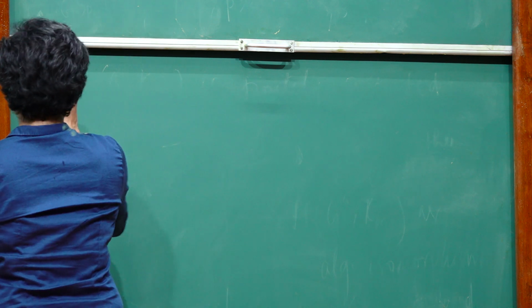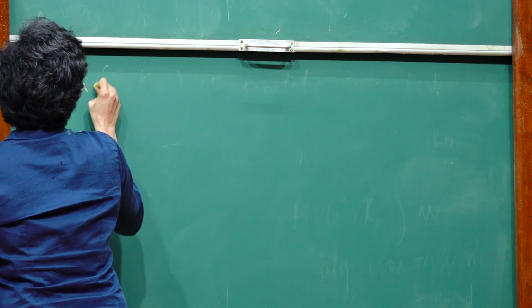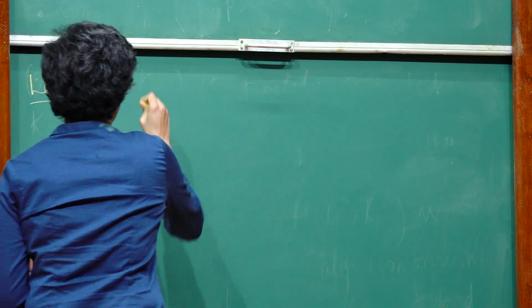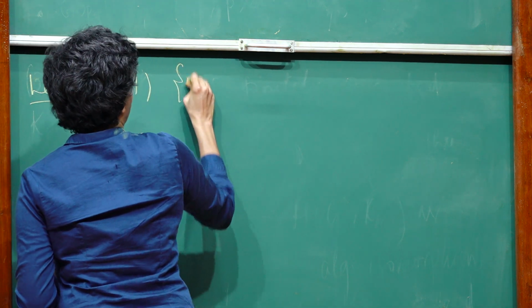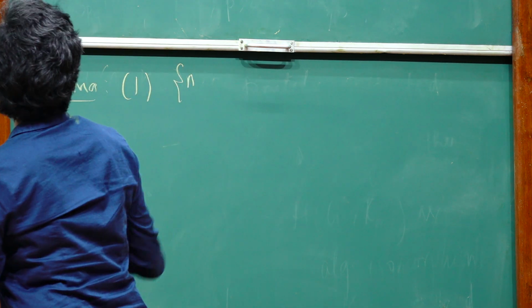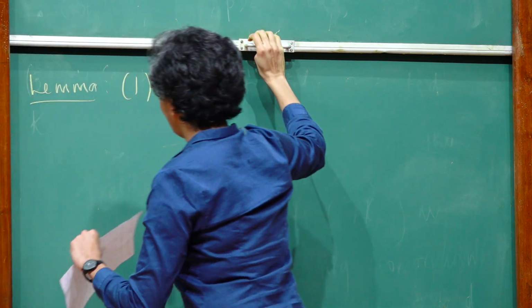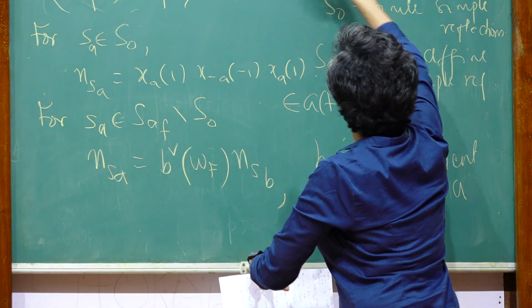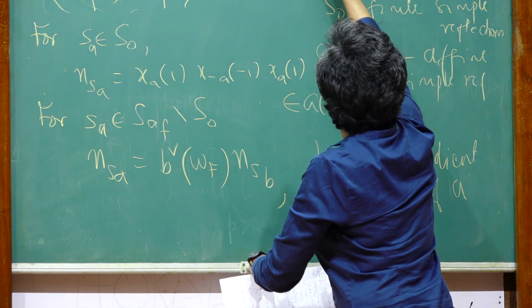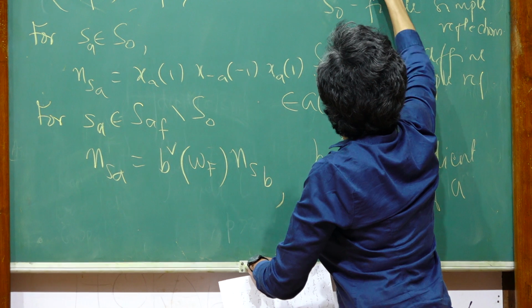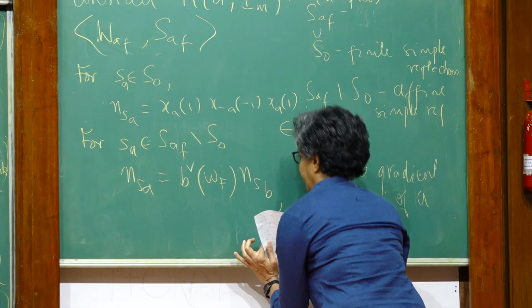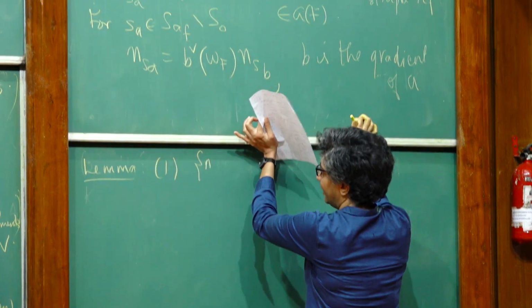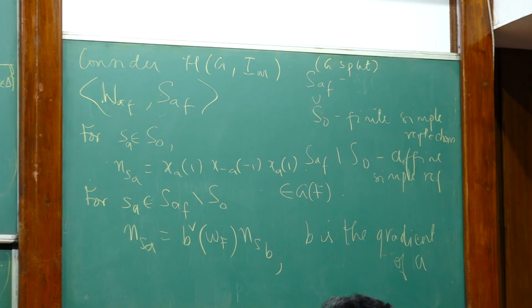Then Lemma 1. Recall that I am still in the split case. I'm only recalling what is already known right now, because for non-split groups, some of these don't go through. So G split here. I'll point out when I transition to non-split groups.